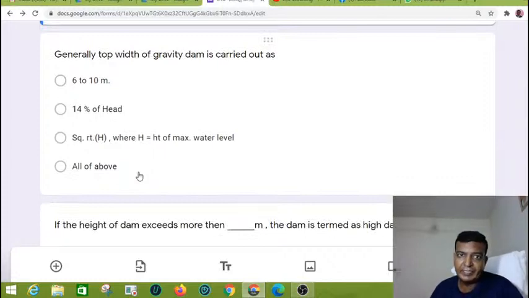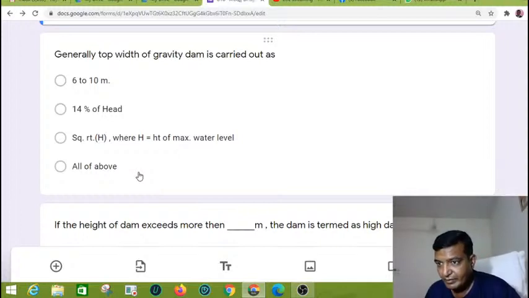Generally, top width of the gravity dam is carried out as 6 to 10 meter, 14% of the head, square root of h, where h is equal to height of maximum water level, and all of the above. Just type your opinion for this objective in the chat box.